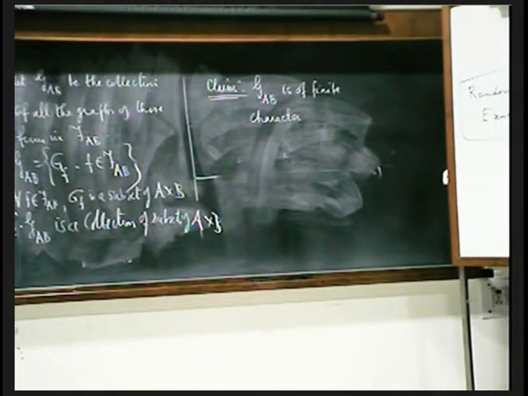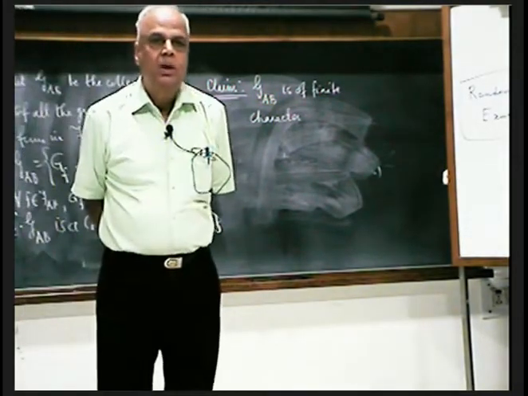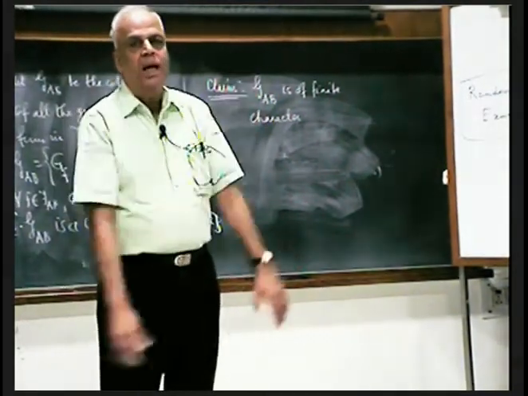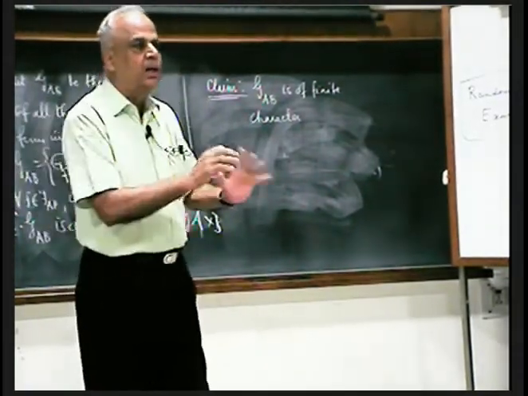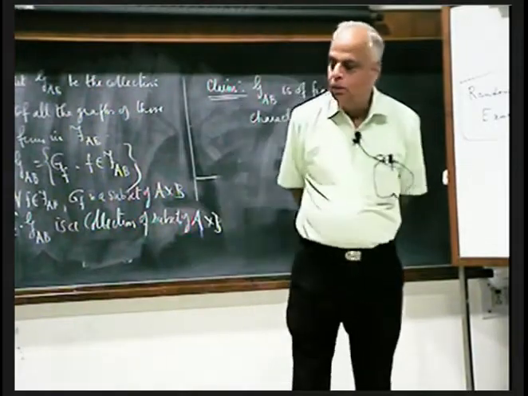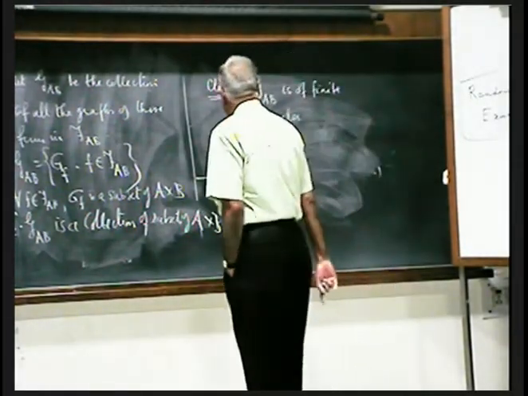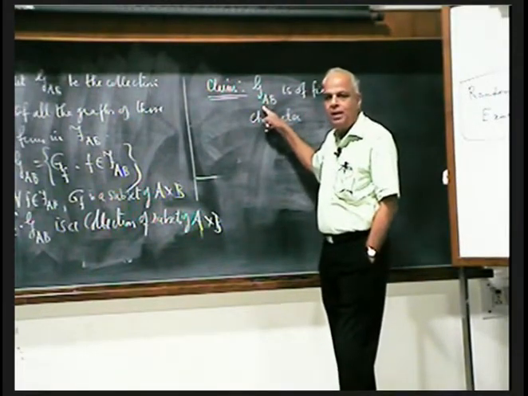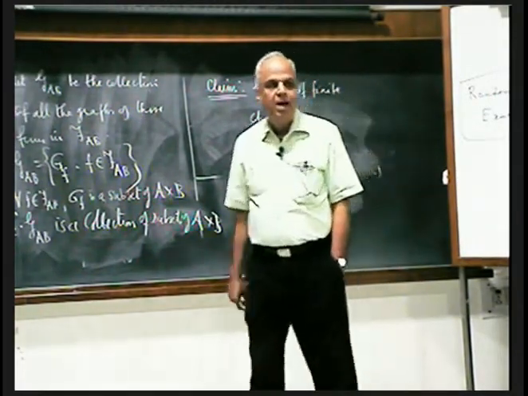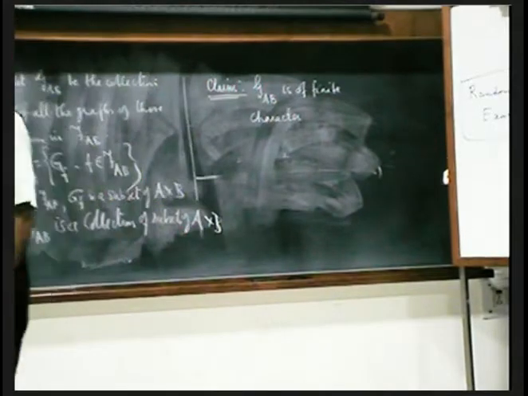I must look at the definition. The definition says a collection is of finite character if the following property holds: something will be in that collection if and only if every finite subset of that is also in that collection. So I must show that some subset of A cross B will be in this collection if and only if every finite subset of that is also in the collection.